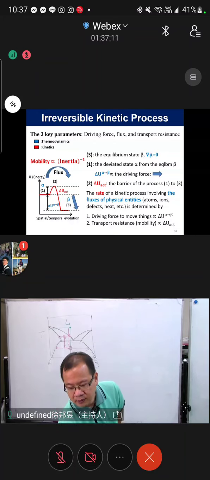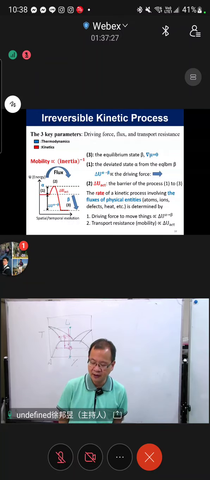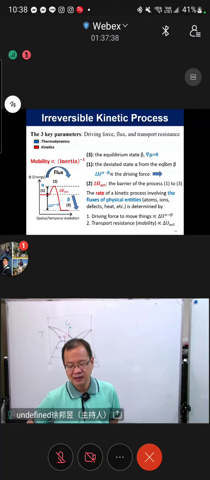However, you look at the barrier here, look at my mouse. Before your atom can move from alpha to beta, you need to overcome a barrier. That's a delta U activation. That energy difference defines how quickly or how slowly your atom can proceed with the flux driven by delta U alpha to beta.